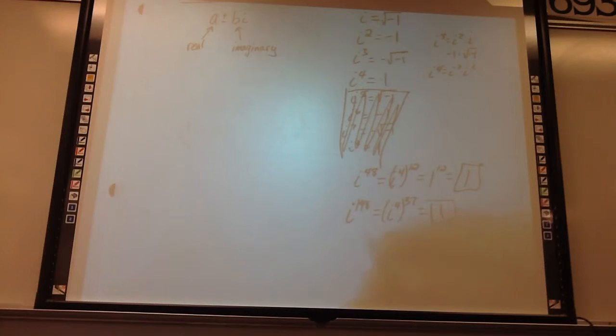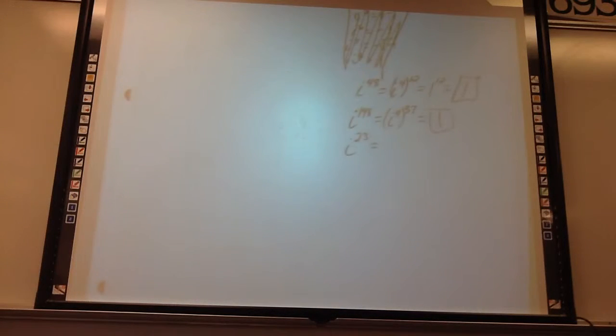Take a two or three digit number that's odd. 23. How many times does 4 go into 23? It's 5, with 3 left over. That would give you i to the 20th, right? So then you still need i to the third.